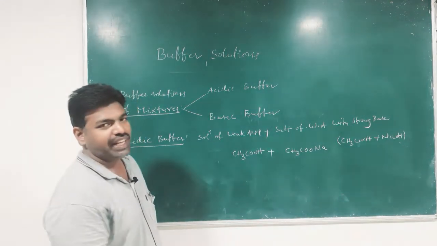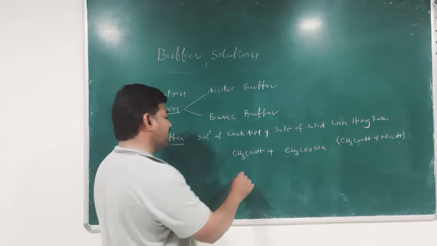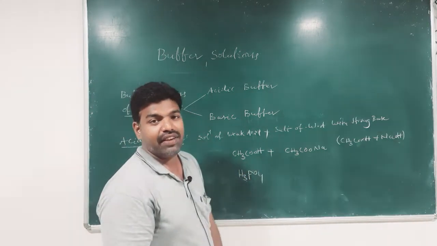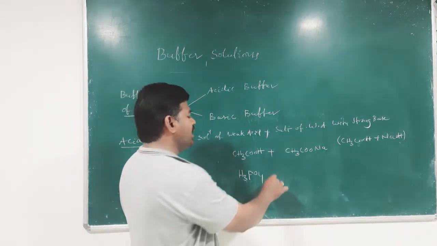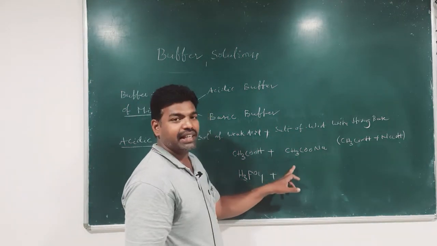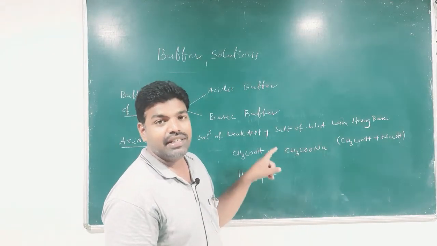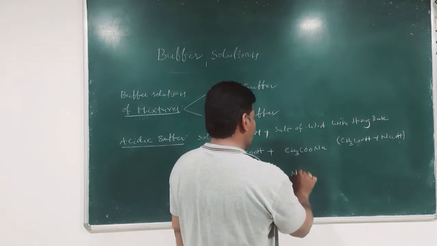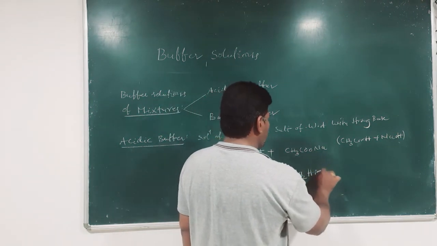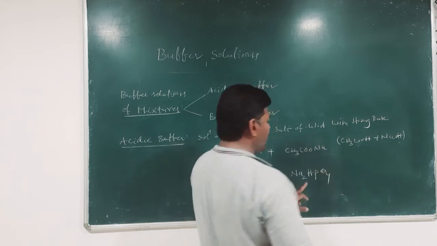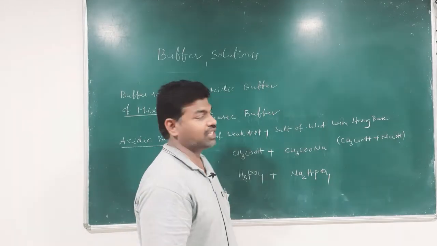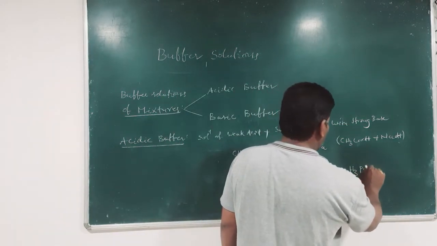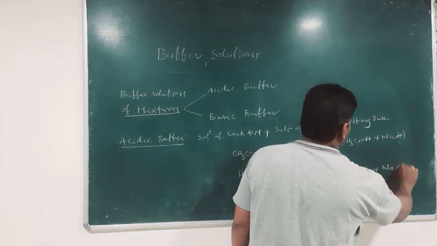Okay, and one more example for an acidic buffer is phosphoric acid. Phosphoric acid is a weak acid, and its salt with a strong base is Na2HPO4, disodium hydrogen phosphate, the salt formed from phosphoric acid and sodium hydroxide.